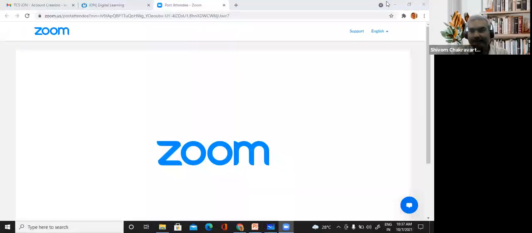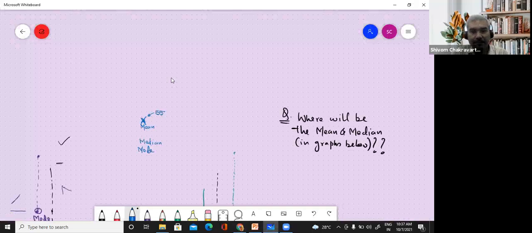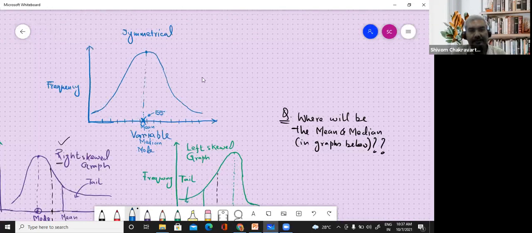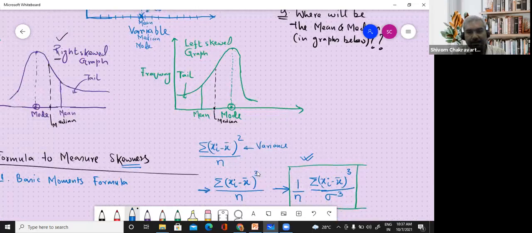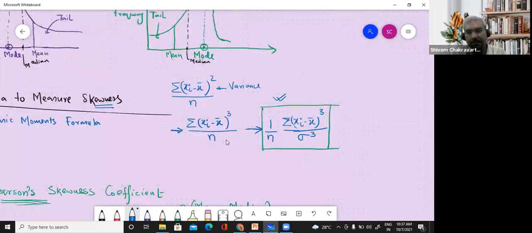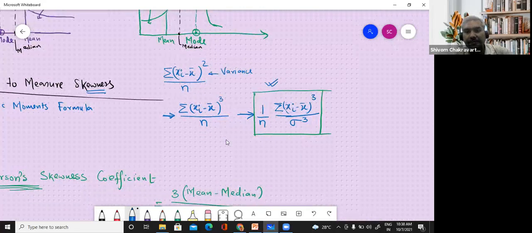I'll share this. Yeah, so these are the things we discussed. So this is the basic formula, or moments formula, for skewness.